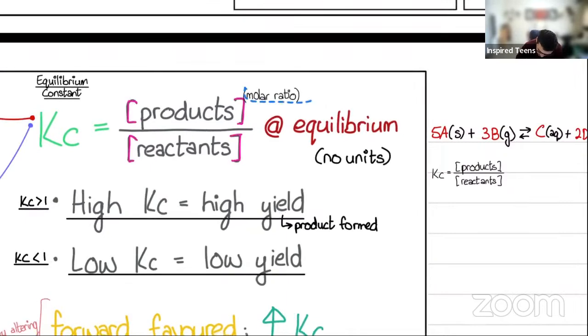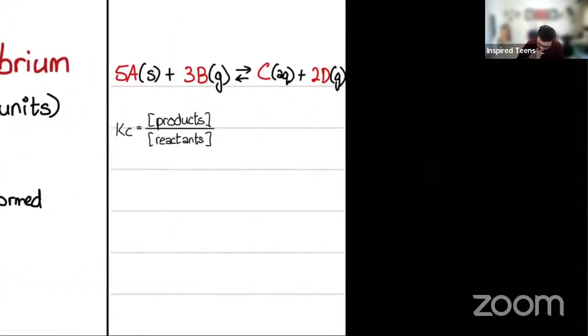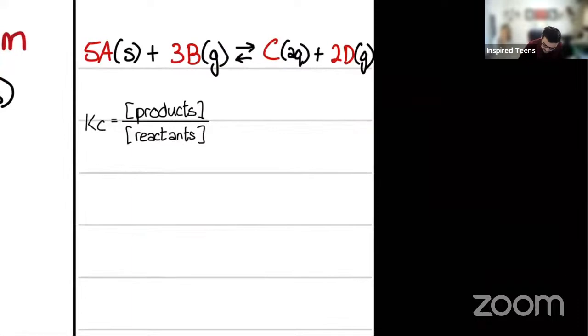So in this case, it's the concentration of the products divided by the concentration of the reactants, and that's going to give us our Kc ratio.